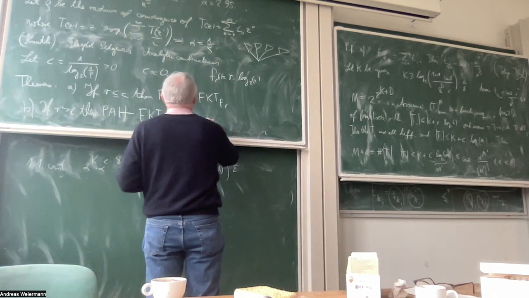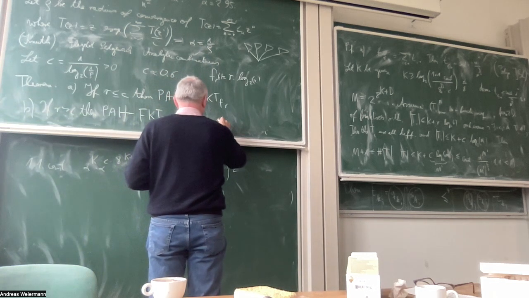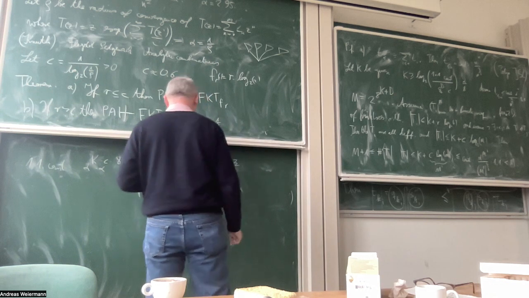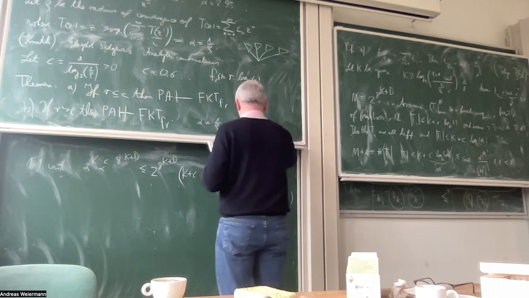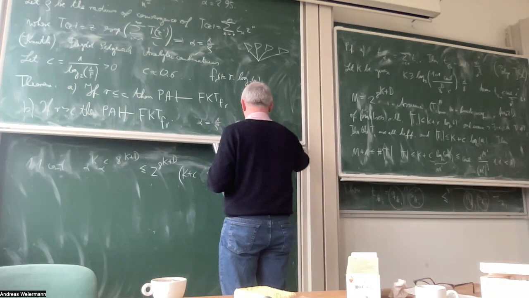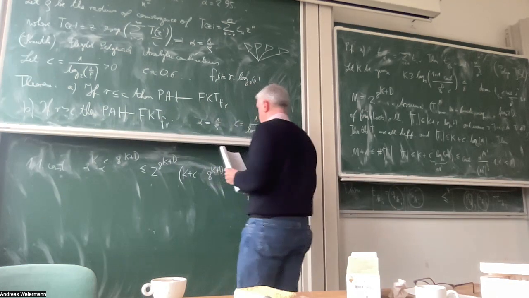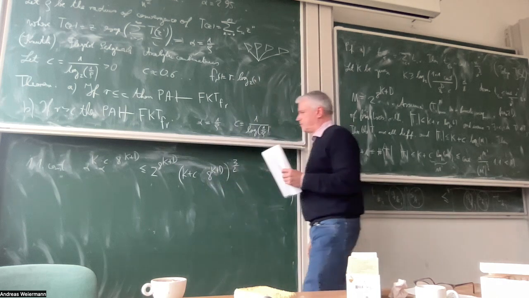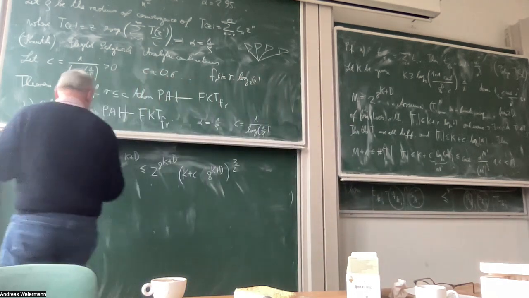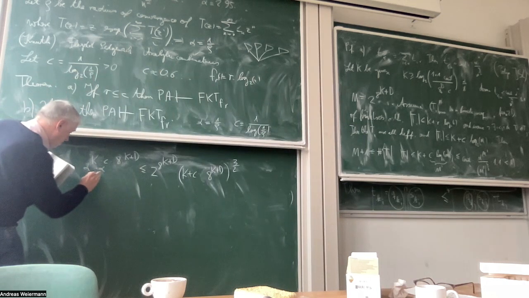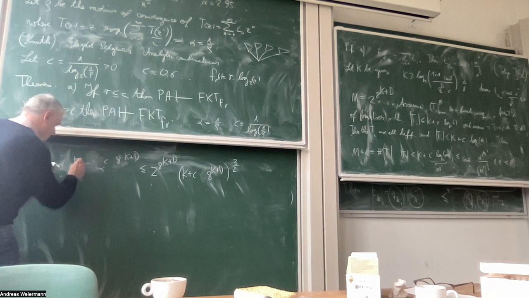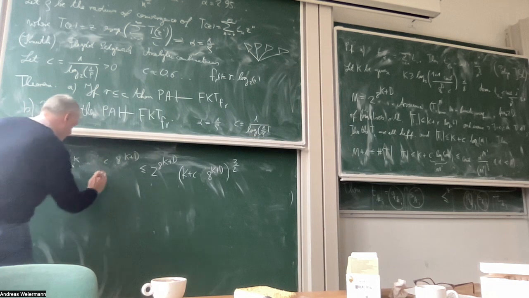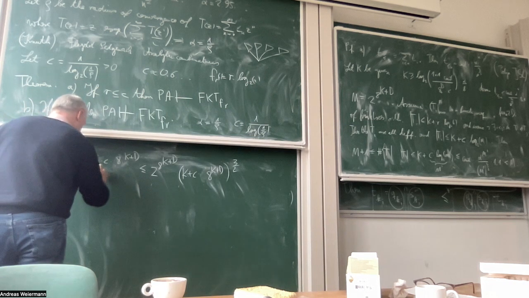So alpha is 1 over rho. And c was 1 divided by log 2 of 1 over rho. What we do here is we write alpha to the k, and alpha is 2 to the log 2 alpha.